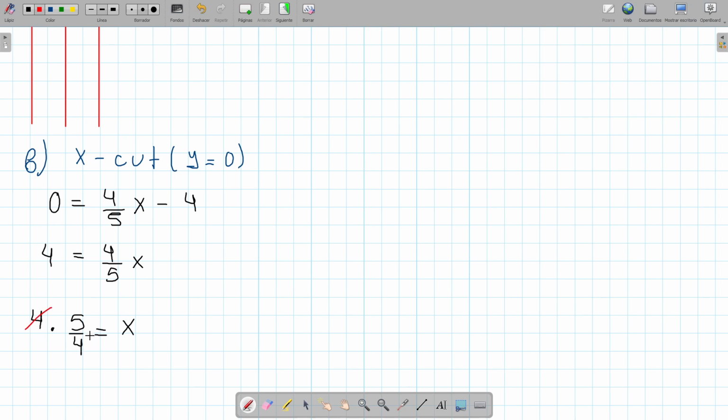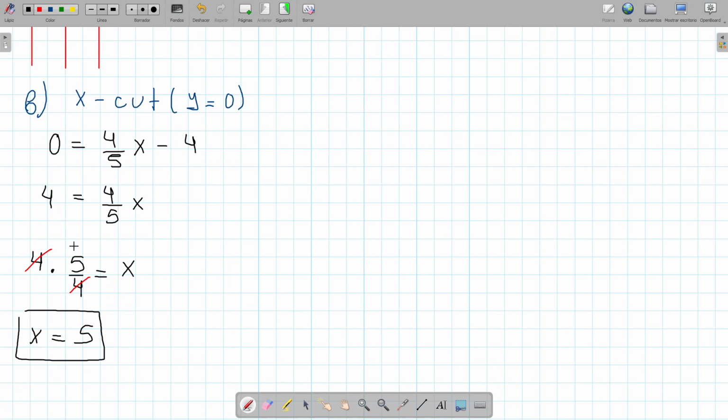We can simplify the values, and now we have that x equals 5. So we have the coordinate. When the value of x equals 5, the value of y is going to be 0. This is the x cut.